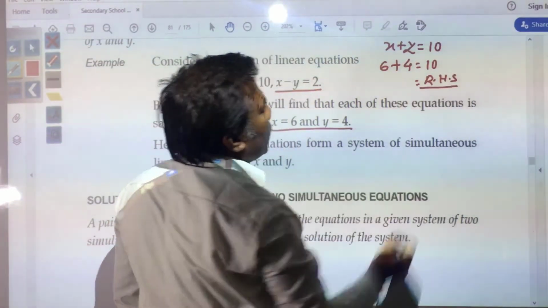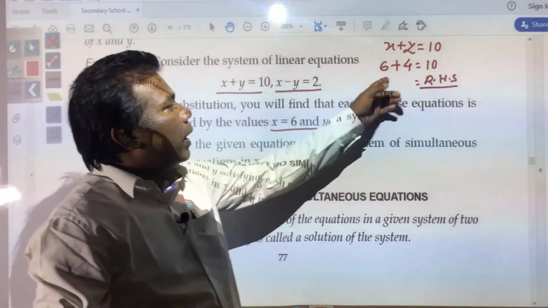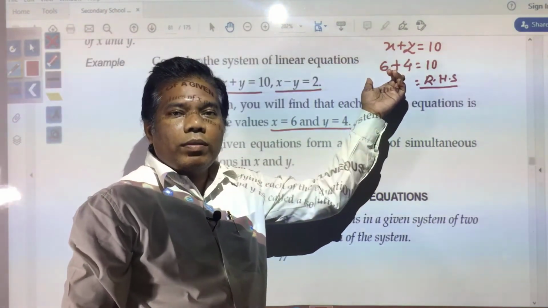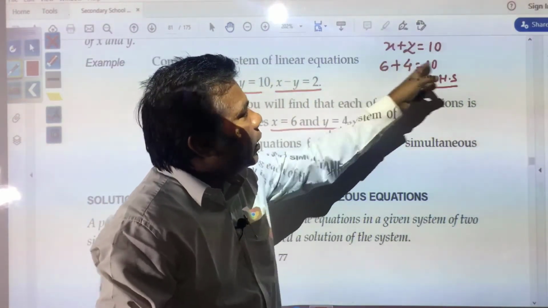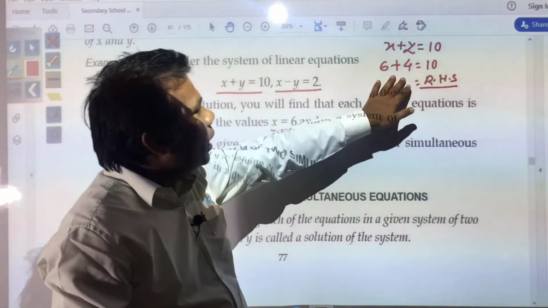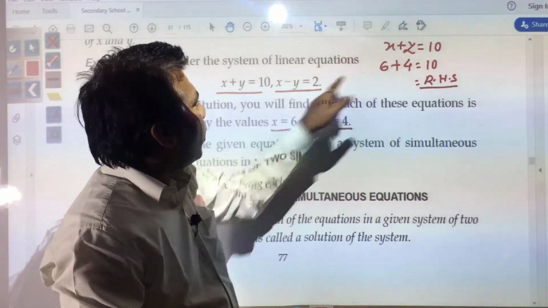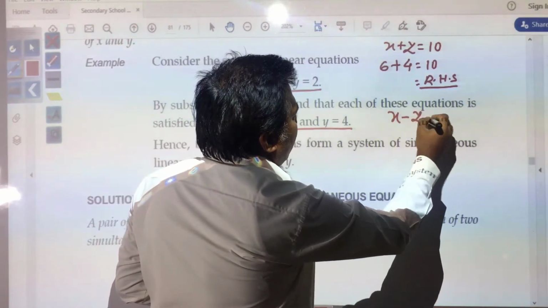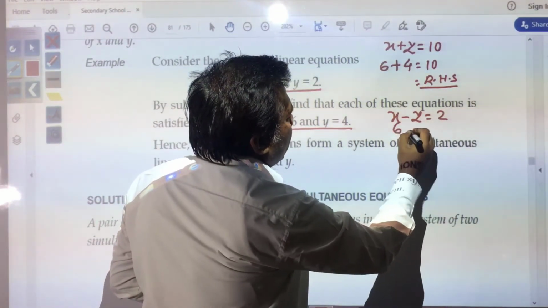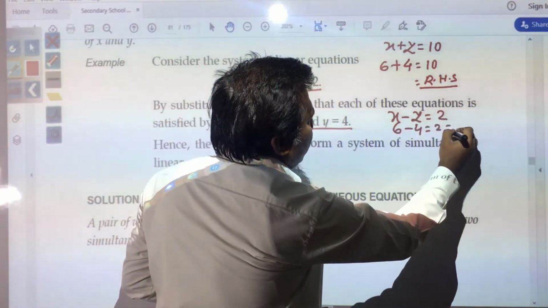So the solution we have got for x and y, 6 and 4, is satisfying the equation. In the same way, substitute the same values of x and y in x minus y is equal to 2. Then 6 minus 4 is equal to 2, which is the RHS.